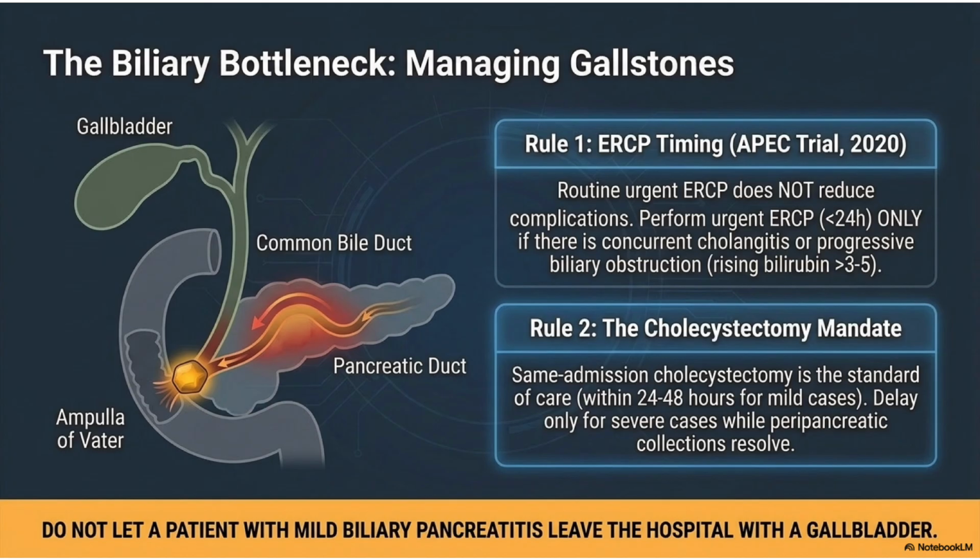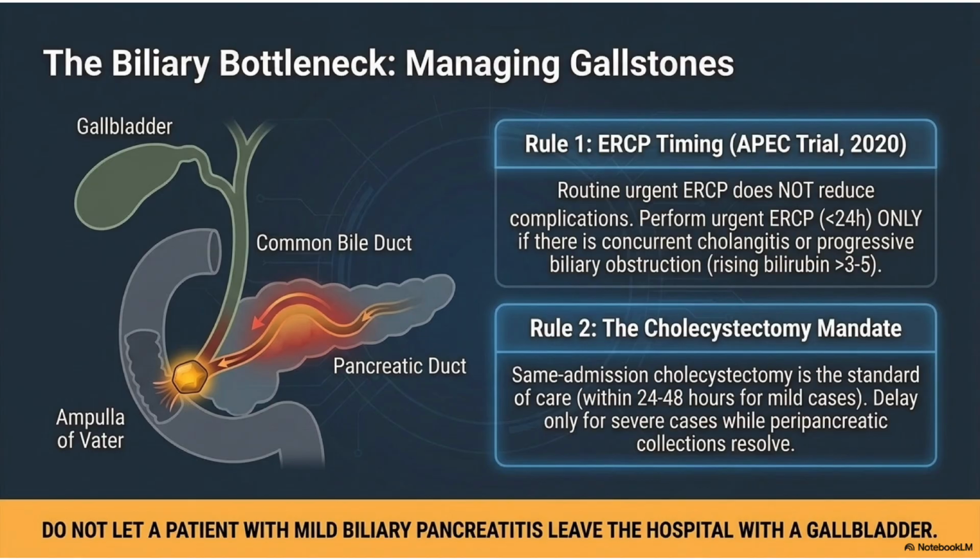Okay, so the ERCP timing, this is from the APEC trial in 2022. Routine urgent ERCP does not reduce complications. So remember that. You have an acute pancreatitis case, it's mild to moderate.